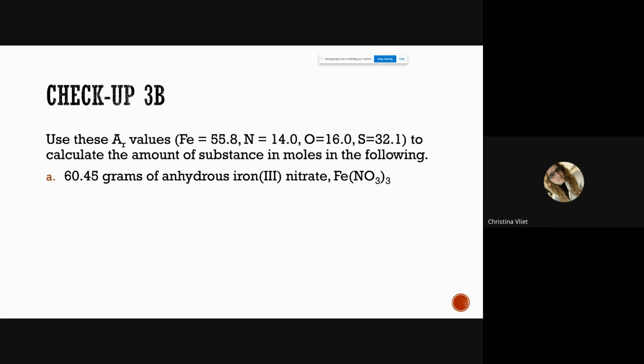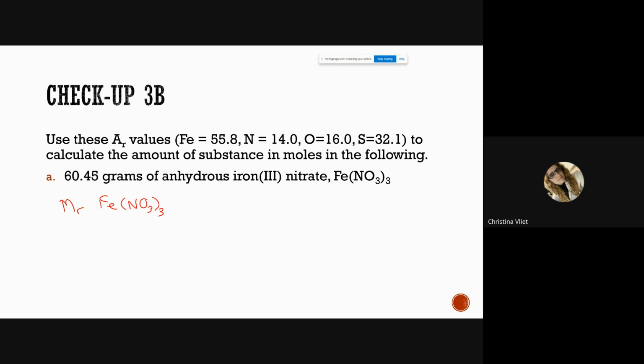Let's do the alternative this time, since you are now familiar with the alternative and the fact that Cambridge likes that better. So what do we do? What's the first step? What should I get before I do anything else? Atomic something. Get that molar mass, right? So I need the molar mass for FeNO3.